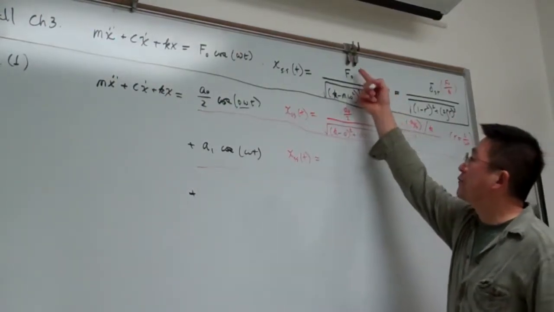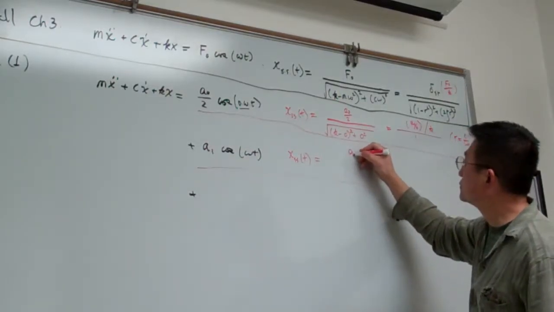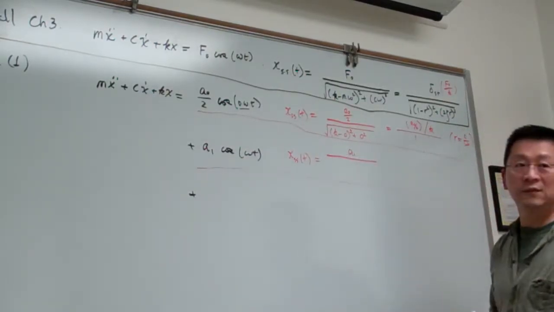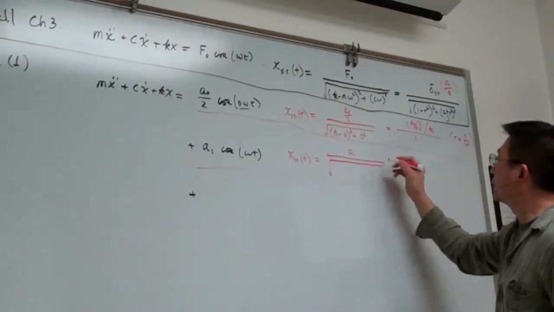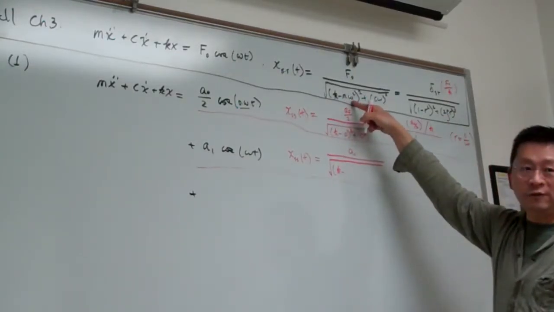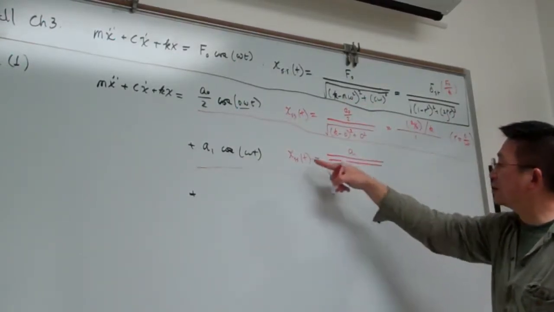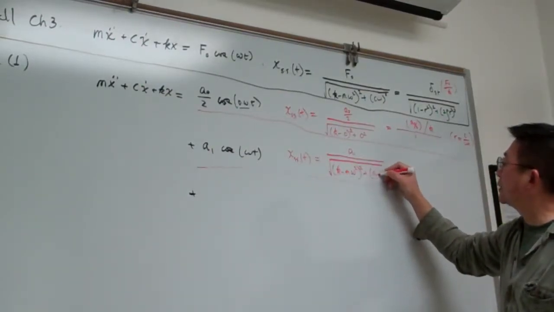So this one again, compared to this template, F now is the magnitude of the harmonic. That is A1. And then K minus M times working frequency square, and here is omega, plus C times working frequency.